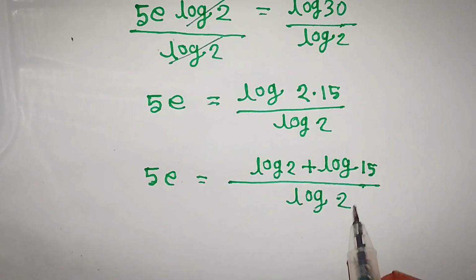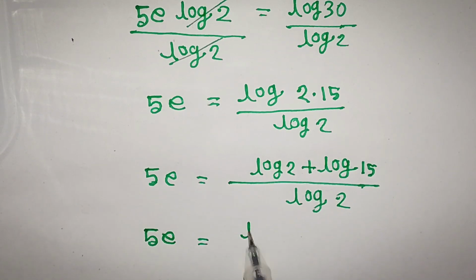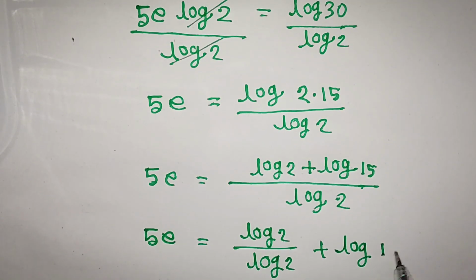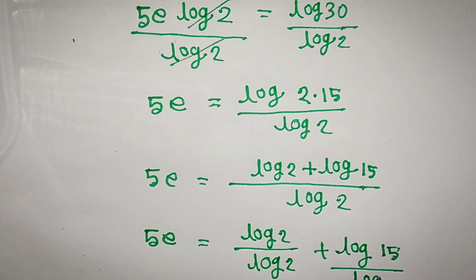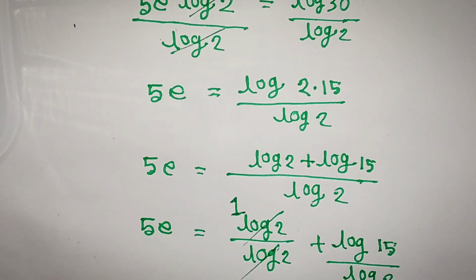So from here we can write 5e equals log 2 divided by log 2 plus log 15 divided by log 2. This log 2 over log 2 will be cancelled out and we get 1.